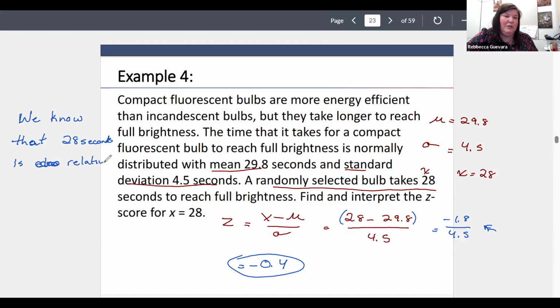It's relatively close to the mean because it's relatively close to zero. And we also know that it sits left of the mean, because if they're negative values, they're going to be left of the mean.